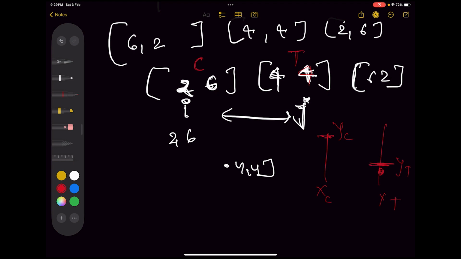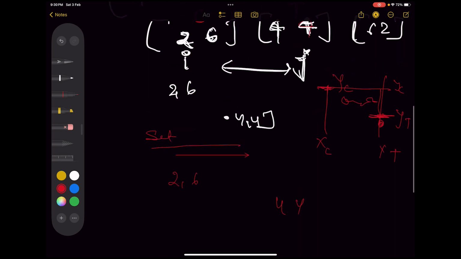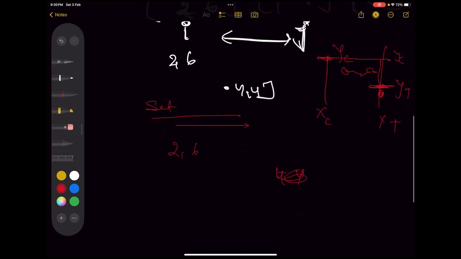So this is one valid pair, but how could I find that there should be no points lesser than Sisaster and greater than Takina? If I use a set to store those y values, let's say for (2,6) and (4,4), the set is clear, so I don't have anything to check. But since the 4 is lesser than Sisaster, I'll store it in the set.